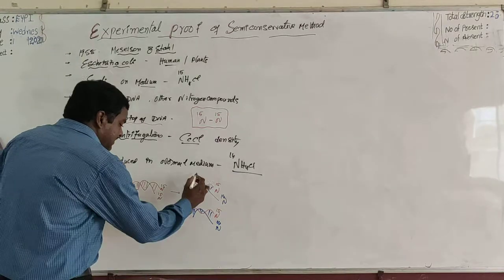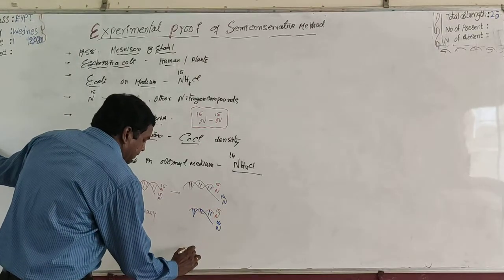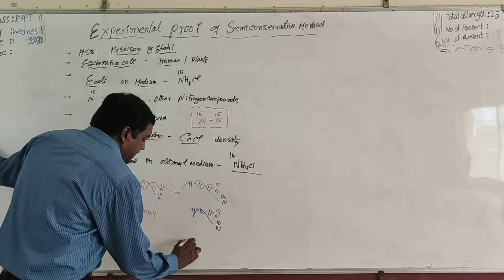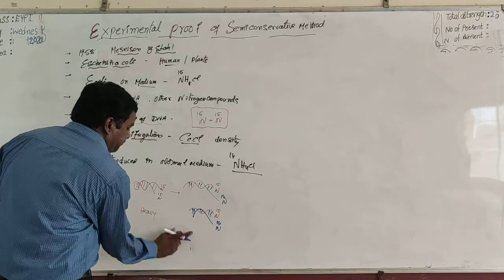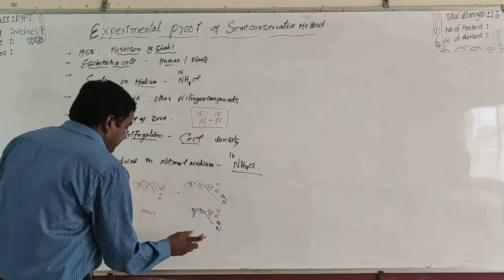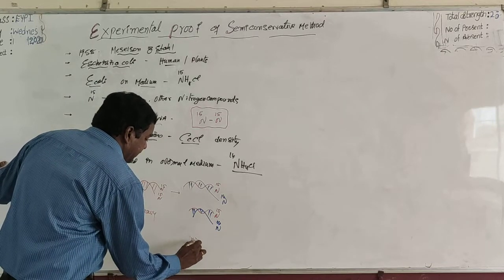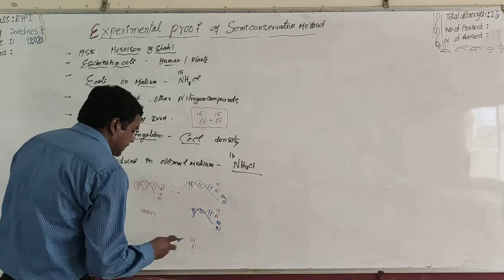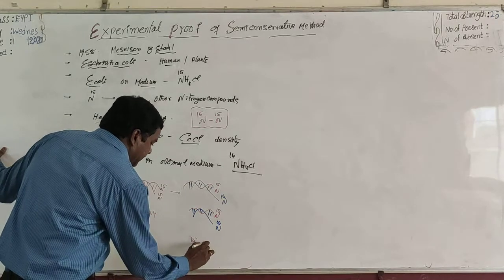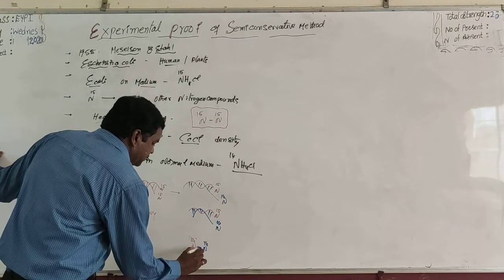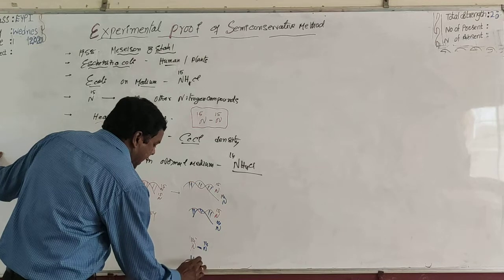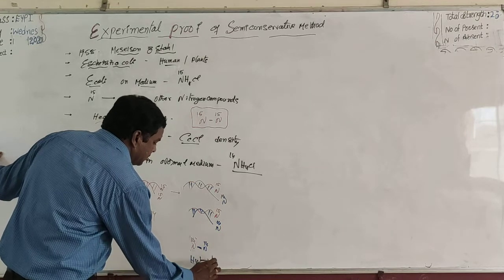Every DNA is represented by one N15 strand and the other N14. These DNA molecules are called hybrid DNAs.